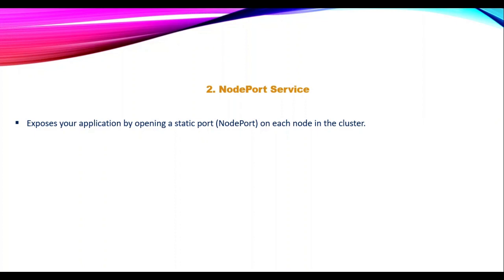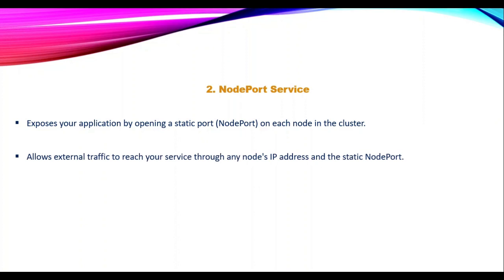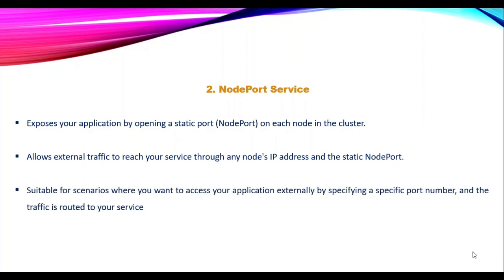The second thing this does is that it allows external traffic to reach your service through any node IP address and the static port. You use this NodePort service in a case where you need to access your application externally, by specifying a specific port number, and the traffic will be routed to your service. So that is NodePort.